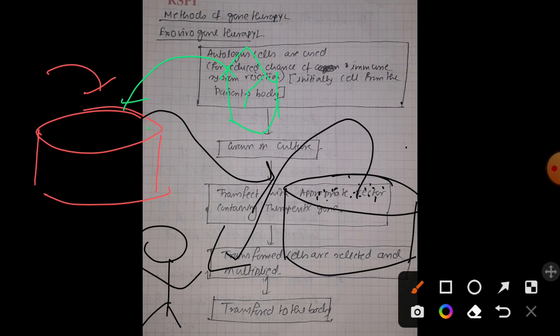That is why the most preferable way is to use autologous cells, that means cells which are self to my body, so that my body recognizes them as my own and I will not activate my immune system. That is why I have taken the sample from myself, inserted the gene of interest, and then transferred it back to where I had taken it from.